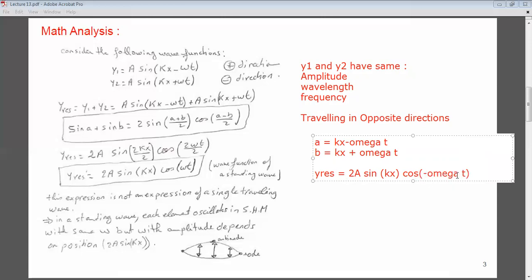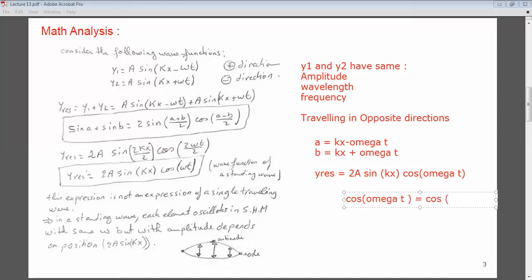Cosine of minus something is the same as cosine of plus the something. So I can remove the minus, because cosine omega t is equal to cosine minus omega t. So I'm left here with y resultant equals 2a sine kx cosine omega t.